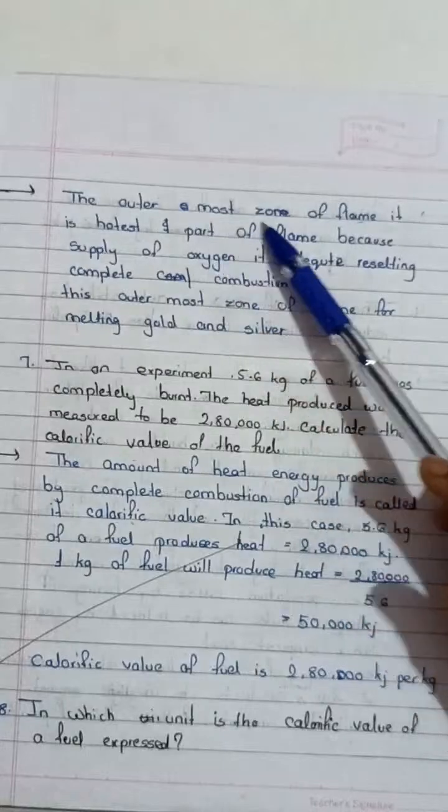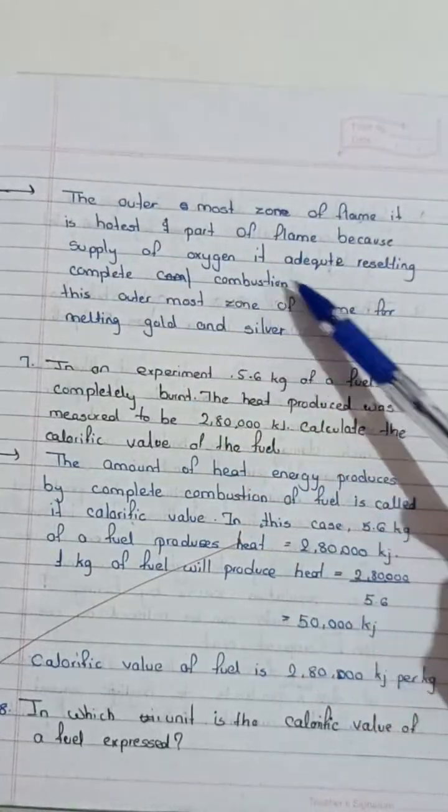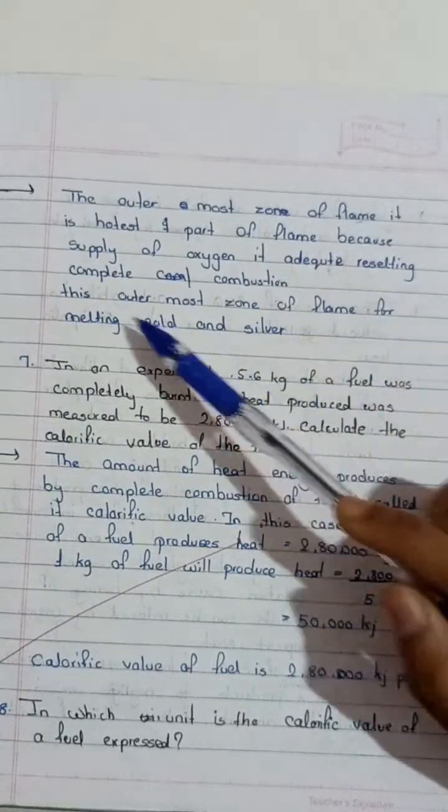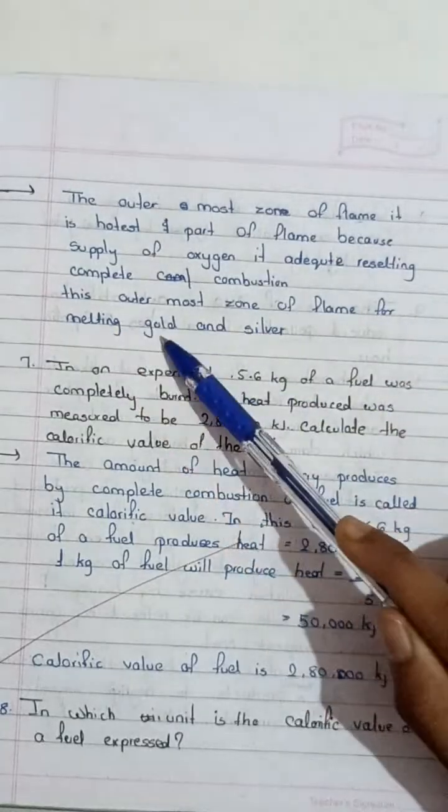The outermost zone of the flame. It is the hottest part of the flame because the supply of oxygen is adequate, resulting in complete combustion. This outermost zone of the flame is used to melt gold and silver.